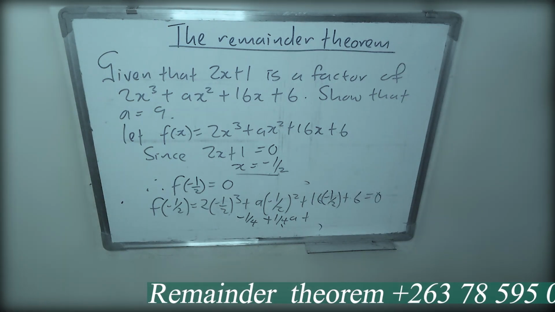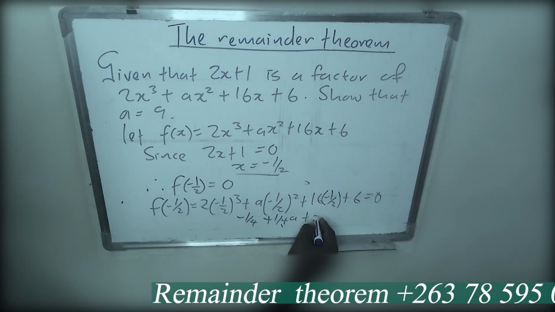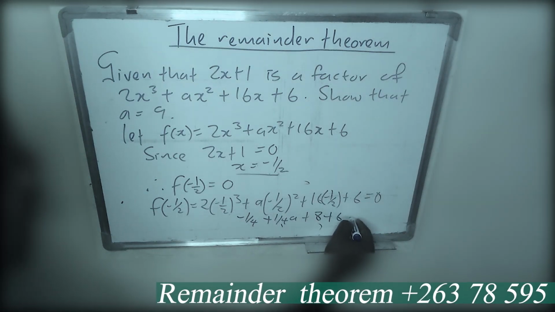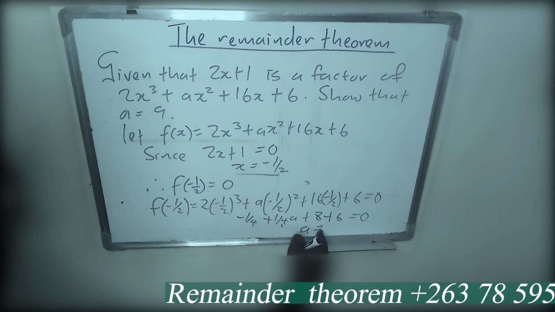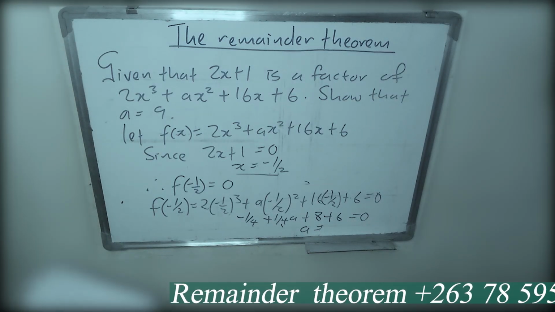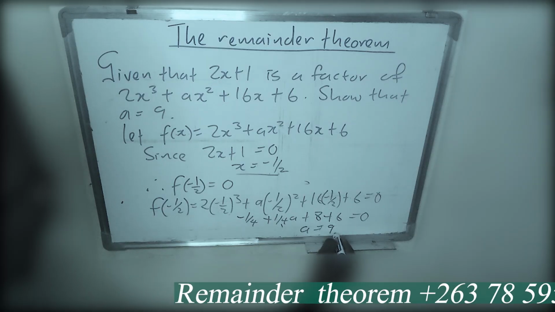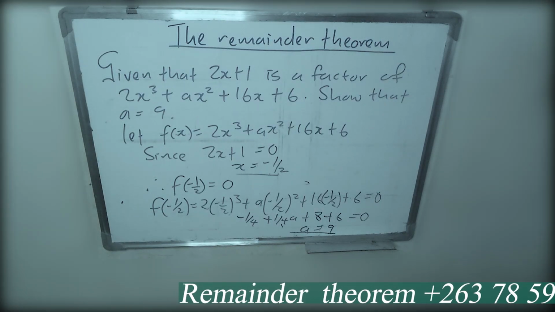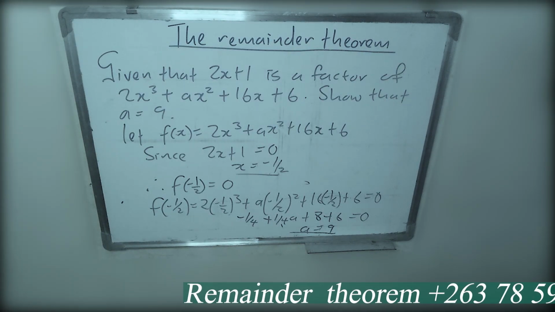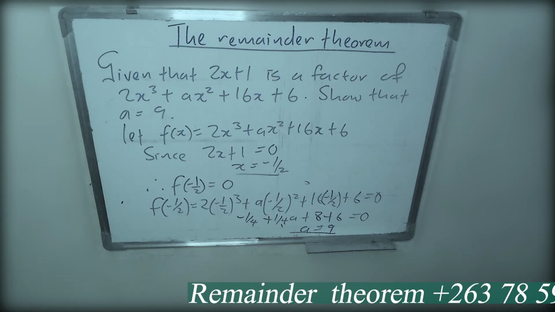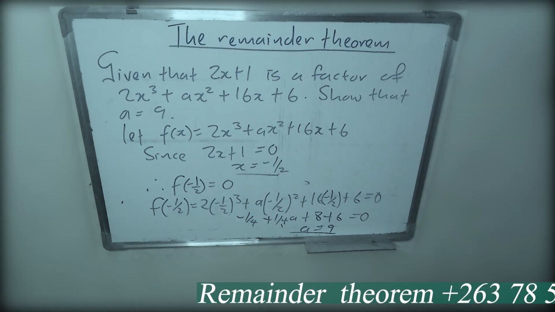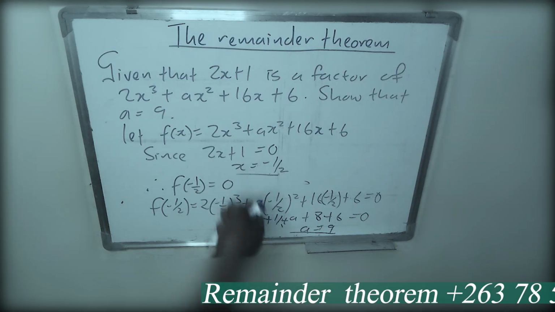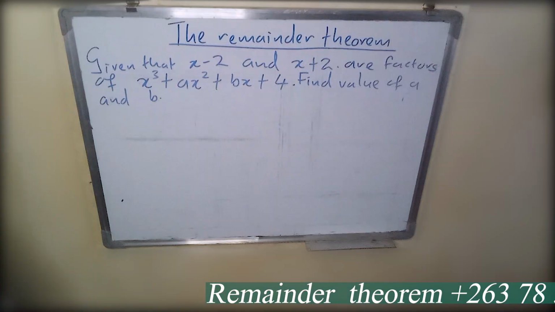So here you get a over 4 minus 8 plus 6 equal to 0, so our a is equal to 9. That is true, so a is equal to 9 by using the factor theorem. Since this is a factor of this polynomial, that is how you find the value of a.